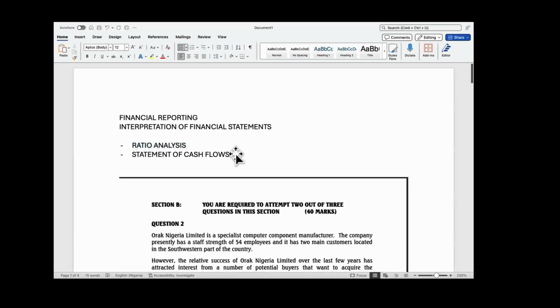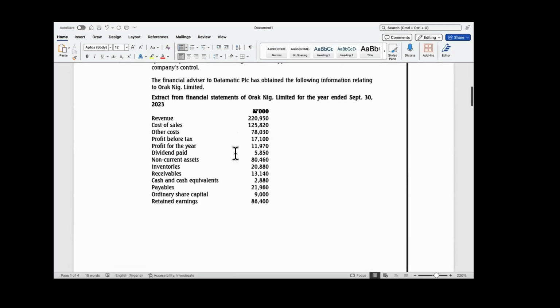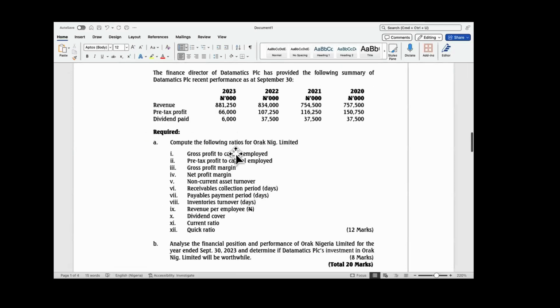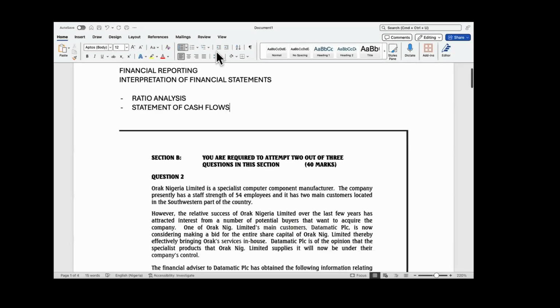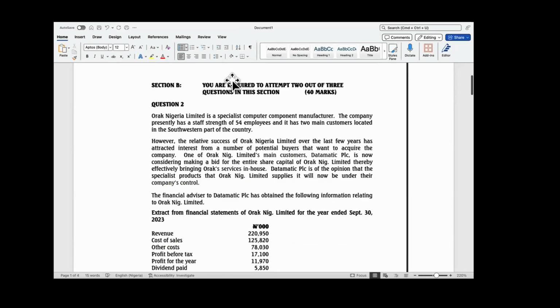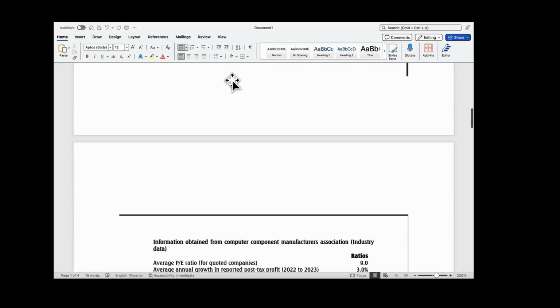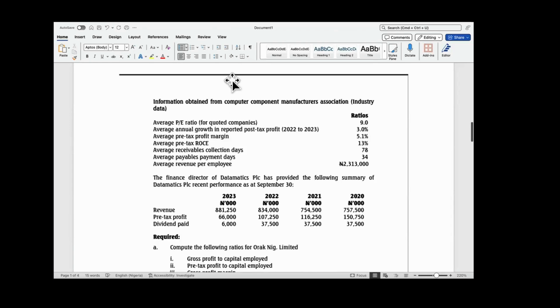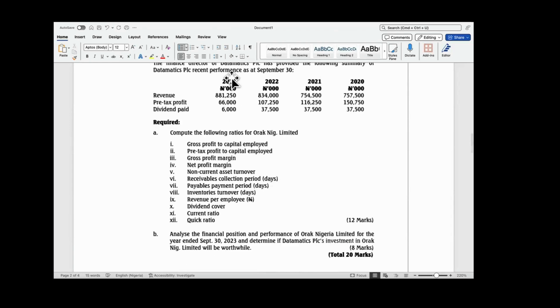The approach I want to suggest we use for this class is we use a stone to kill two birds. Let's use a past question approach, because I see that most of your questions literally request for almost all those ratios.